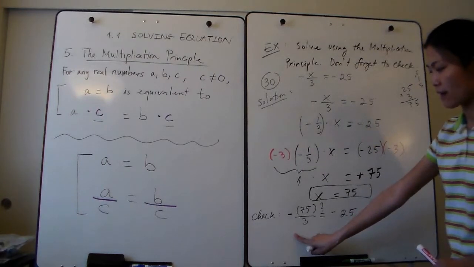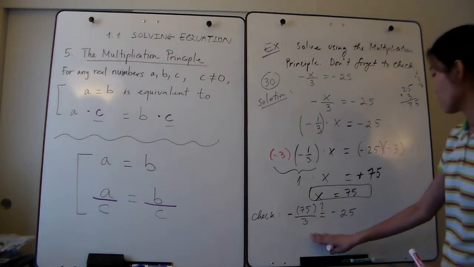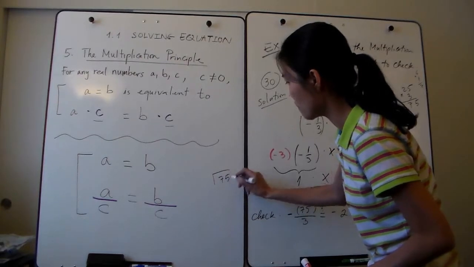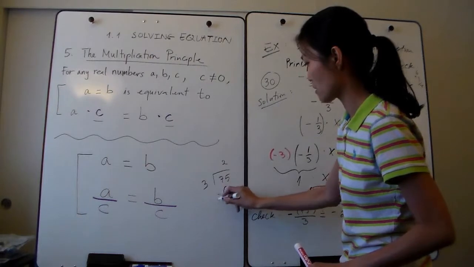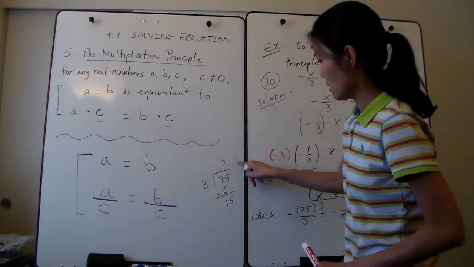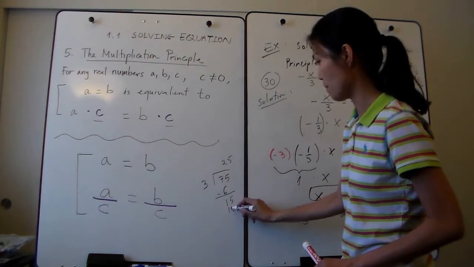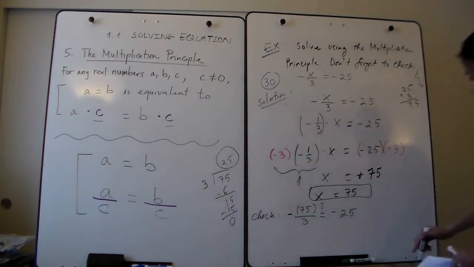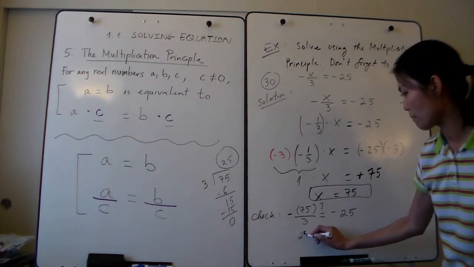Make sure the left-hand side is equal to the right-hand side. 75 divided by 3 is what? Let's see. 2 times 3 is 6. Subtract, 7 minus 6 is 1. Carry 5 down. What times 3 is 15? 5. 5 times 3 is 15. So 0. So this is 25 here. So we have 75 divided by 3 is 25.